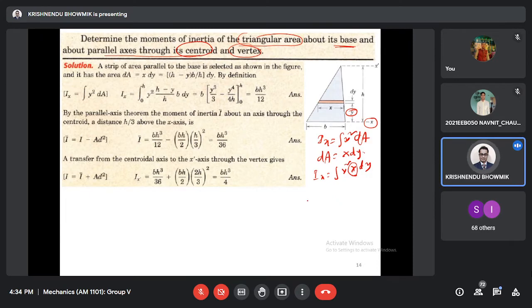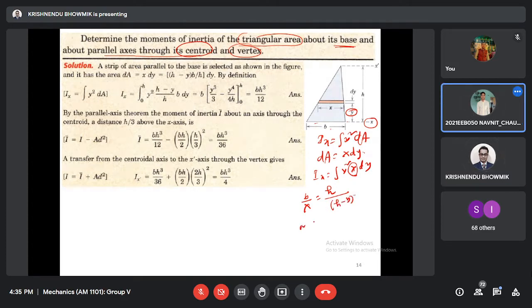So from the similar triangles, we can write base b by x equal to the height h by h minus y. So x equal to b by h times h minus y.